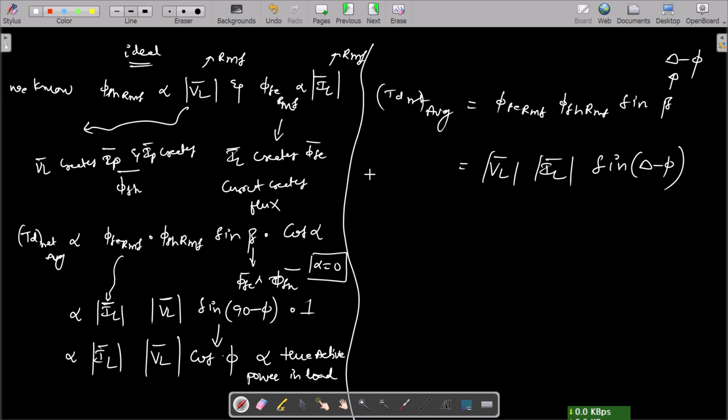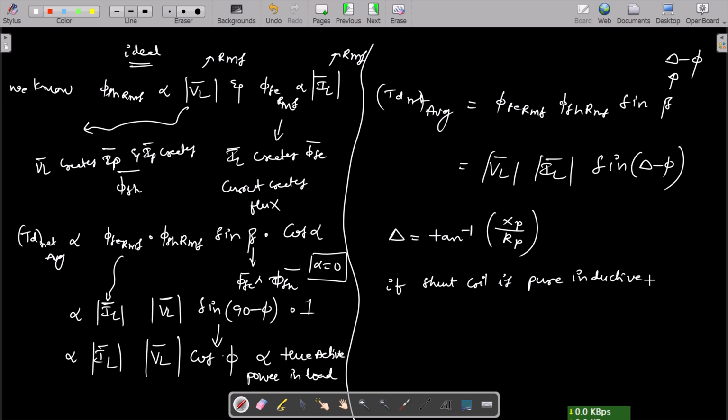Okay, that means what is happening here is because of that delta. Whatever delta we are getting, you have already seen in that part 1 video. This delta is nothing but XP divided by RP. So if the shunt coil is pure inductive, that is RP is equal to 0, then delta will be 90 degrees.